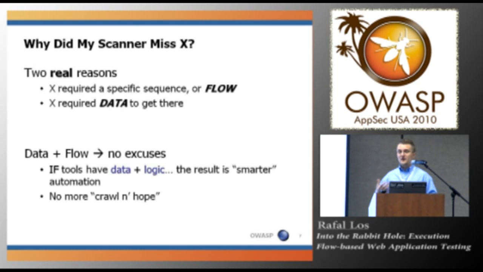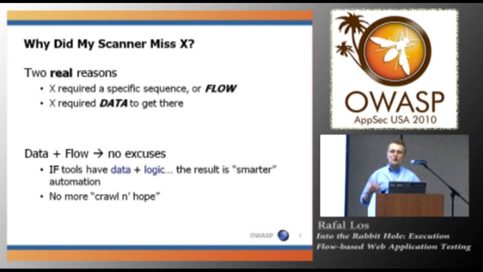Then it comes down to your technology simply not being sufficient. So the result of data and logic, and the mirroring of those two concepts, is a smarter form of automation, and we're hoping to get rid of the crawl-and-hope-we-find-stuff approach.